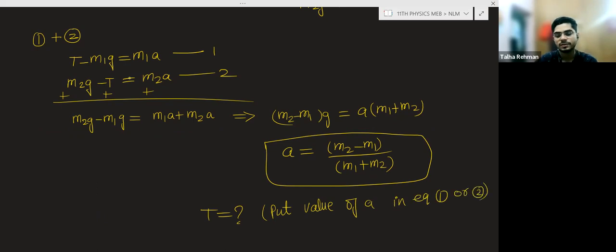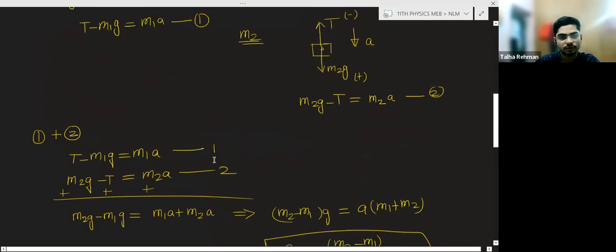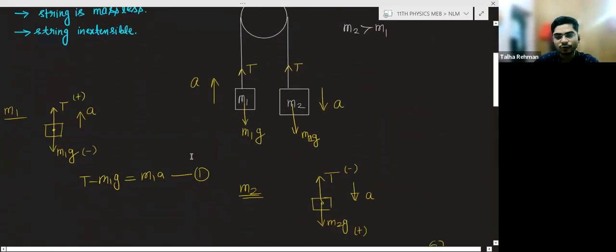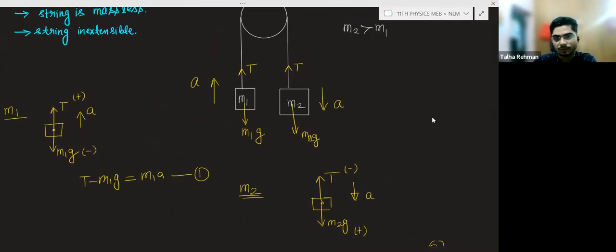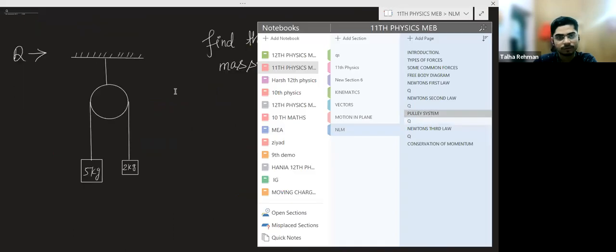This thing you can find by yourself. Basically I want to tell you how to draw the free body diagram and how to write the expression for second law for any body. We'll solve some of the questions.